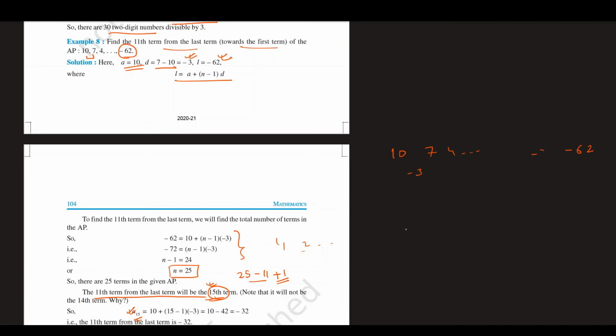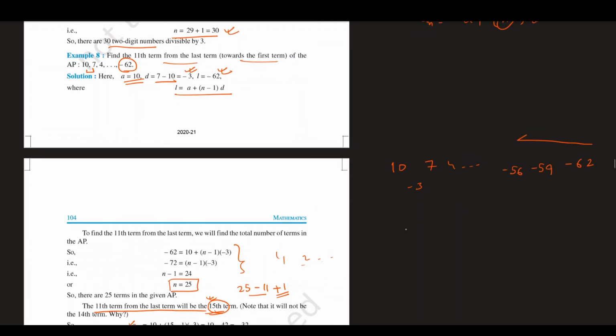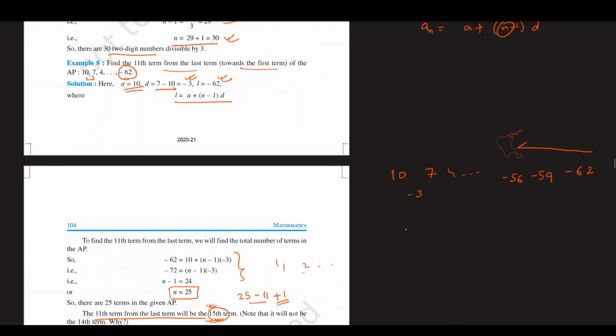The previous term would be minus 59, and then minus 56. If we start the AP from this side, the first term becomes this, then d becomes plus 3 and not minus 3. So the second term would be this, then this, and so on.